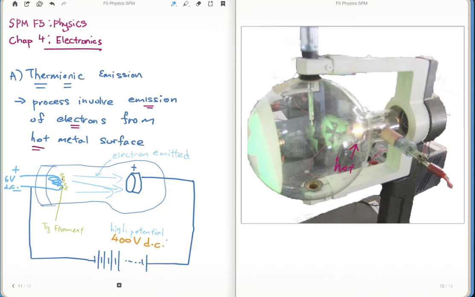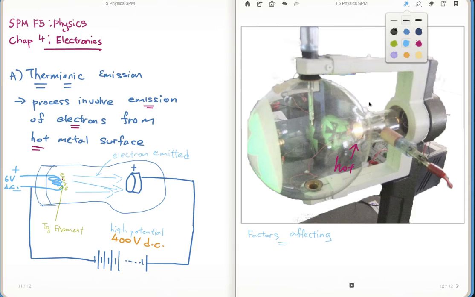Now we will talk about the factors. There are a few factors affecting the emitted electrons.